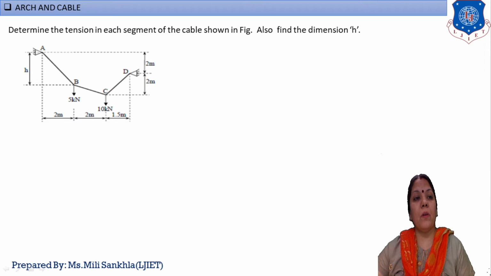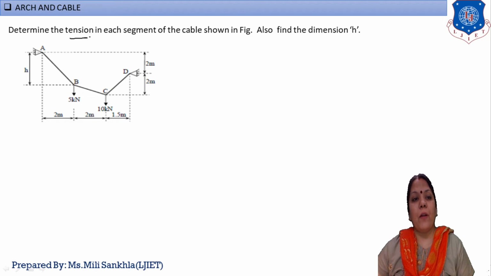In this example, determine the tension at each segment of cable as shown in figure, and also find out the value of H. Here first we can see the level of this cable is unequal, this is point A and this is our point D. Here we find out support reactions VA and VB.